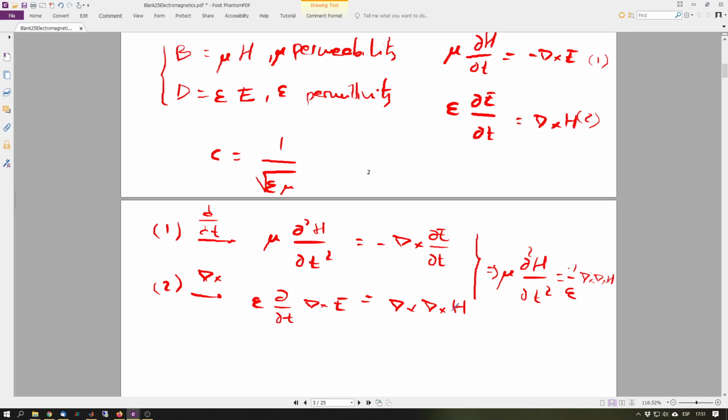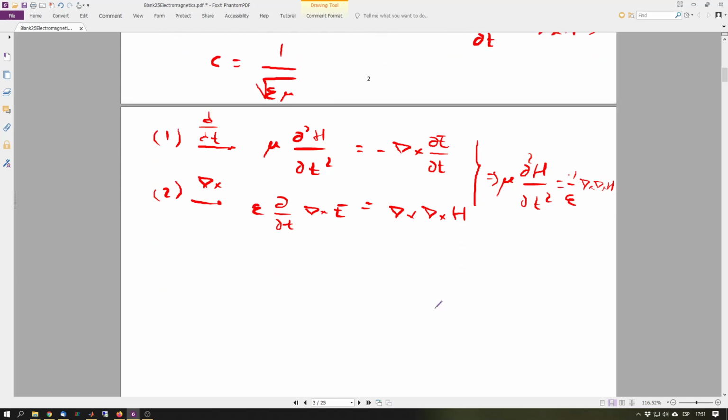Then there's a property of the operators that anybody can check: the double rotational is equal to the gradient of the divergence minus the divergence of the gradient.